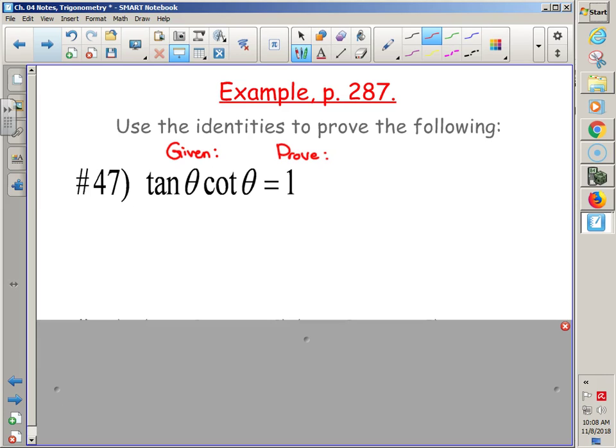When you were in geometry and there was a given and there was a prove, were you allowed to start playing with the given and then randomly start writing about the prove, and then go back to the given a little bit, and then go back to the prove a little bit, and then end somewhere in the middle? No. You were supposed to go in a linear progression from the given to the prove.